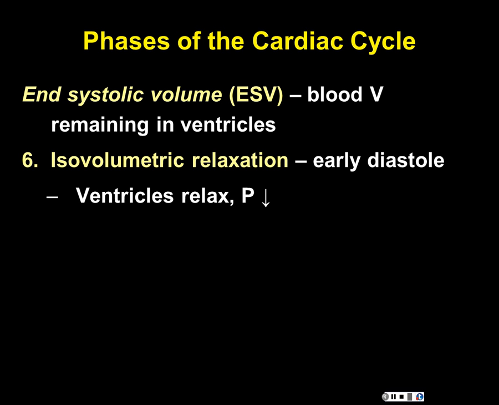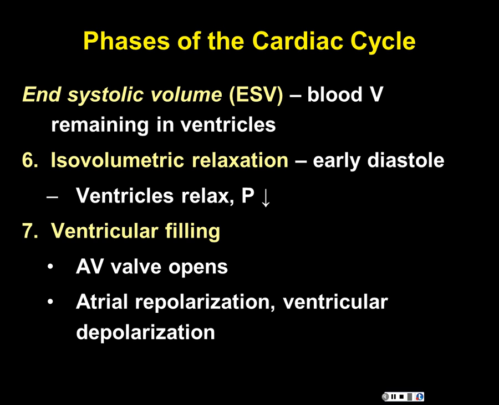Just keep the process going, hopefully for a very, very long time. Point 7 really is just repeating what we learned in point 1: the ventricles relax, the AV valves open, the atria repolarize, the ventricles depolarize, and it just continues on, right? We keep measuring EKGs.